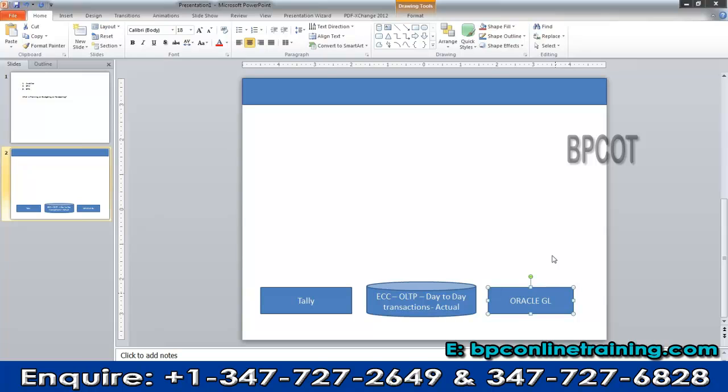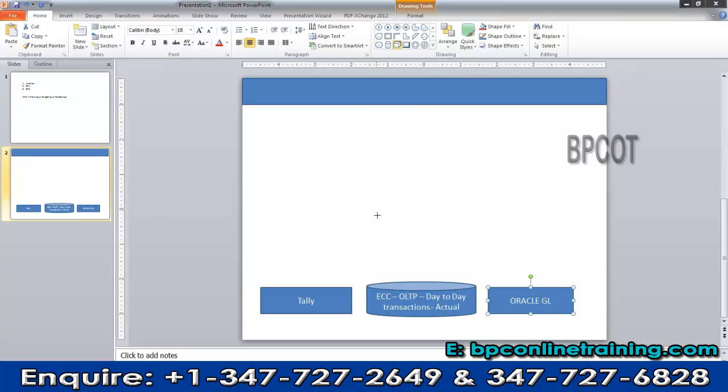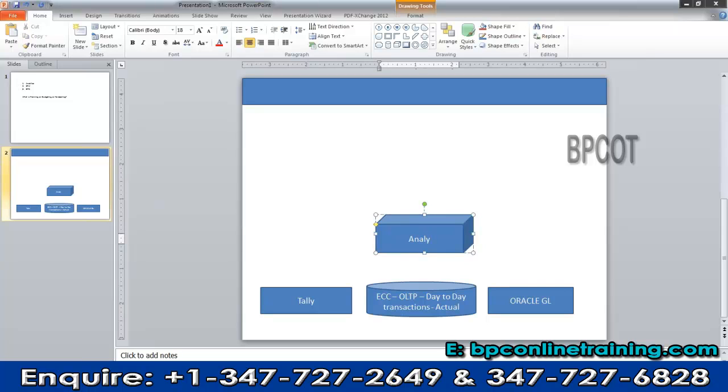As a solution, SAP came with something called a multi-dimensional database, or you can say analytics.